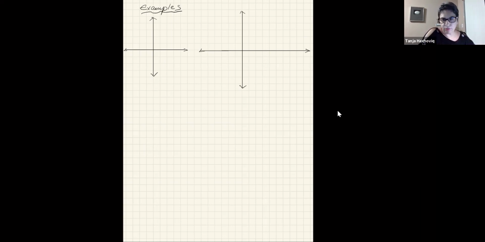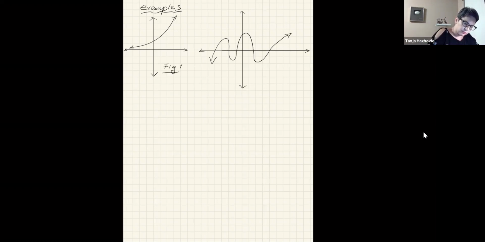I already know what the graphs of some equations look like. So let's say that I have a graph that looks like this. Okay. And let's say that I have a graph that looks like this. All right. So here are the graphs for figure 1 and figure 2. And I need to identify the x and the y intercepts simply by looking at the graph.